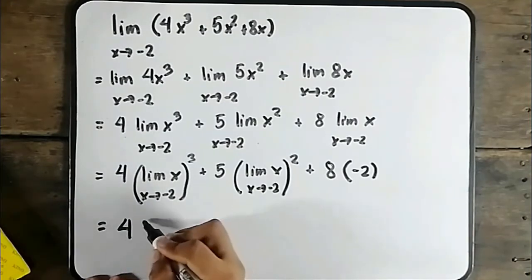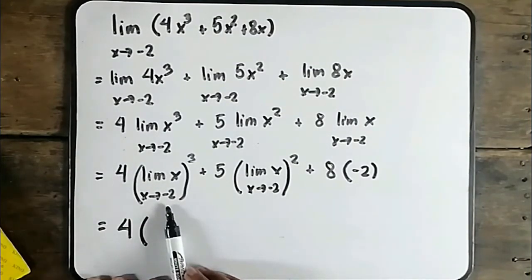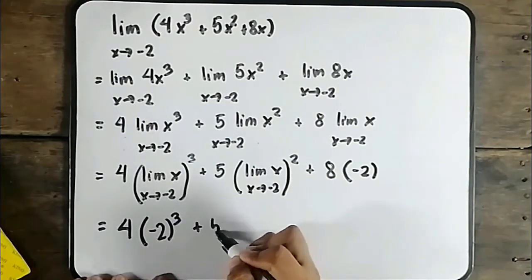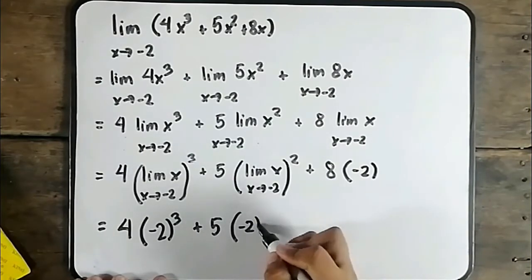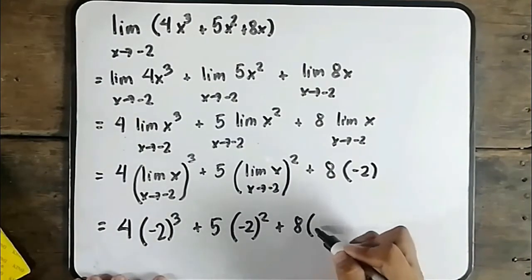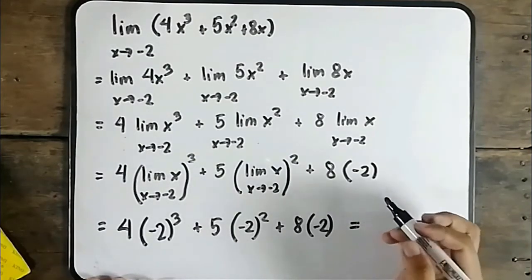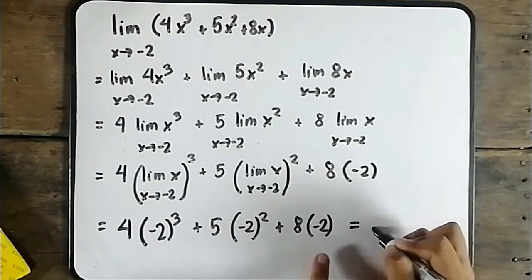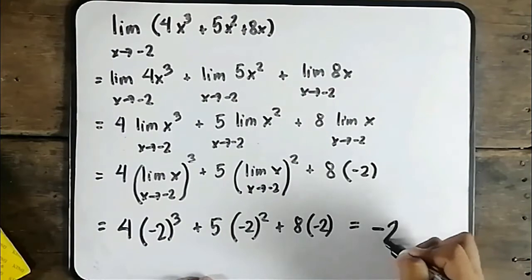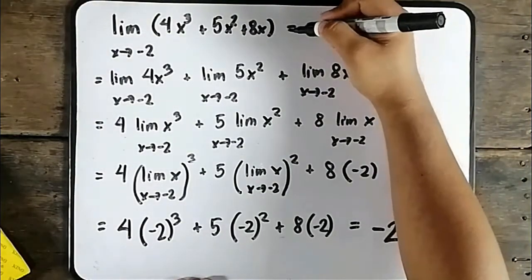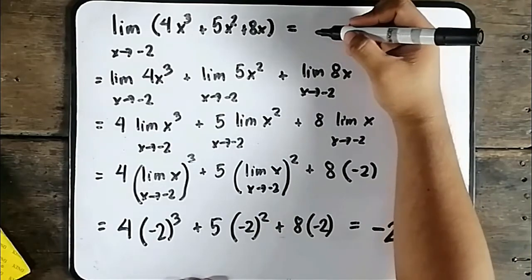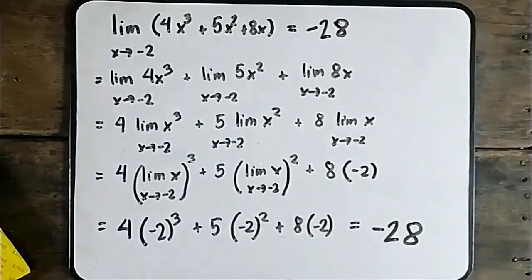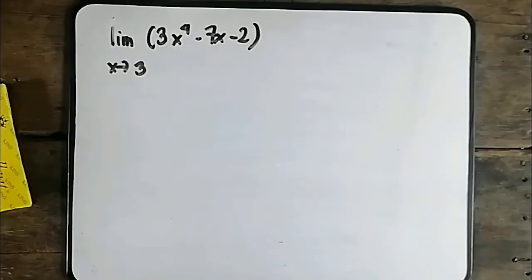So we now have 4 times, limit theorem number 3, negative 2 cubed plus 5 times negative 2 squared plus 8 times negative 2. So the answer now is negative 32 plus 20 minus 16. So we have negative 28. So the limit now of 4x cubed plus 5x squared plus 8x as x approaches negative 2 is negative 28.